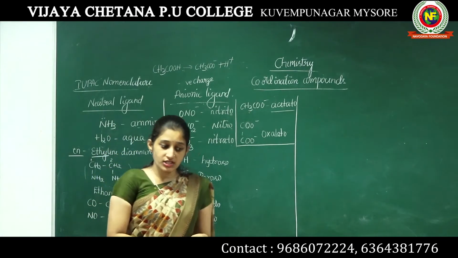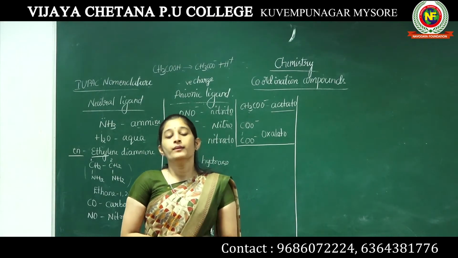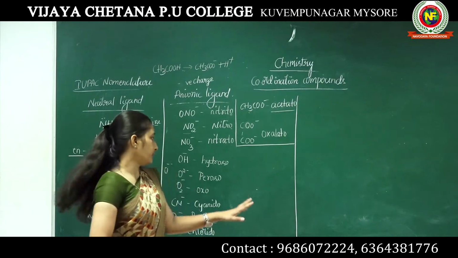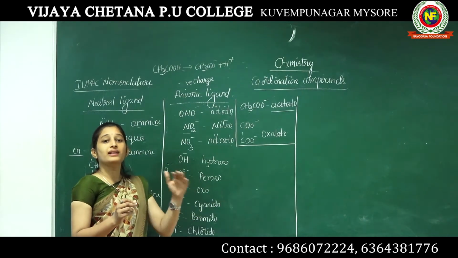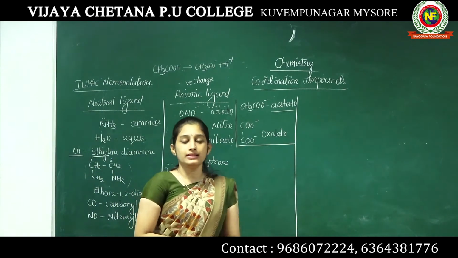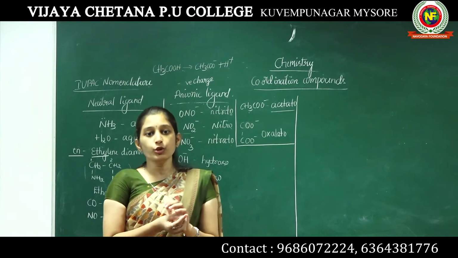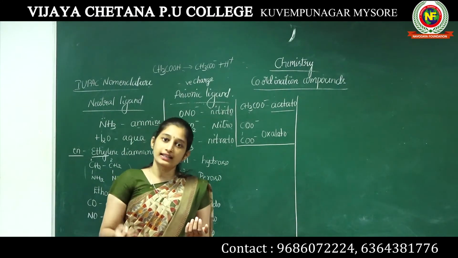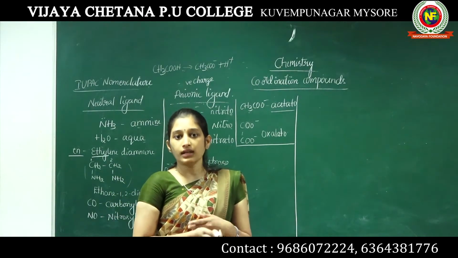If the coordination sphere is carrying negative charge, it is an anionic complex. No charge, neutral complex. Correct? And next, in an anionic complex, the metal name we can't use as it is. In neutral and cationic complexes, we use the metal name as it is. For example, iron means iron only, silver means silver only. Correct?